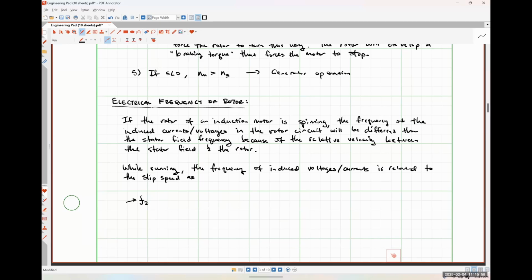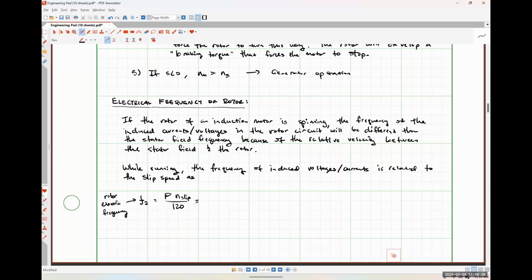So this is the rotor electric frequency. And this is going to be simply the number of poles P times the slip speed N slip divided by 120.